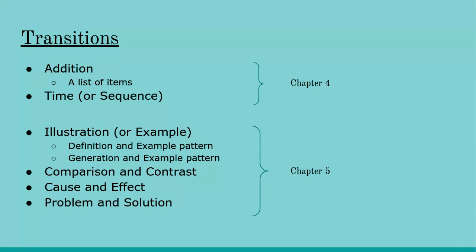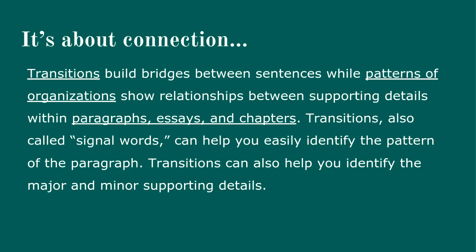All right, transitions and patterns, it's about connections, the way information is connected together. Now, transitions build bridges between sentences, between the ideas in each sentence, the relationship between them. And patterns of organization show relationships between the supporting details in the paragraphs and the chapters.